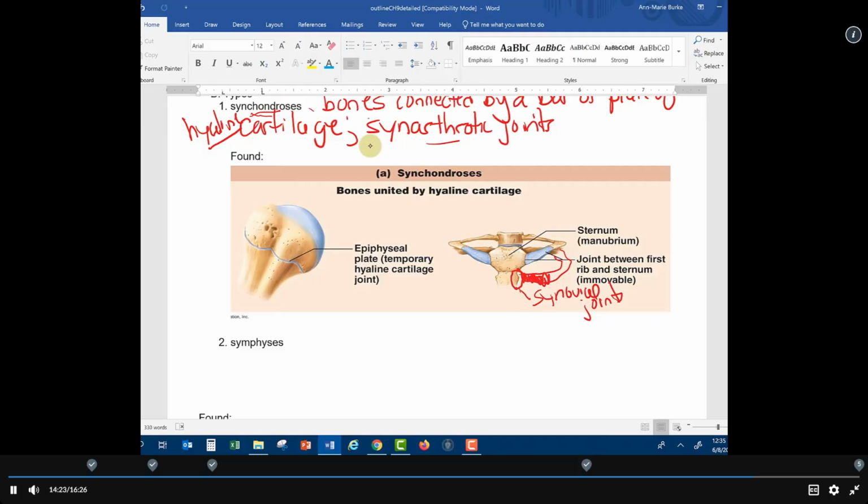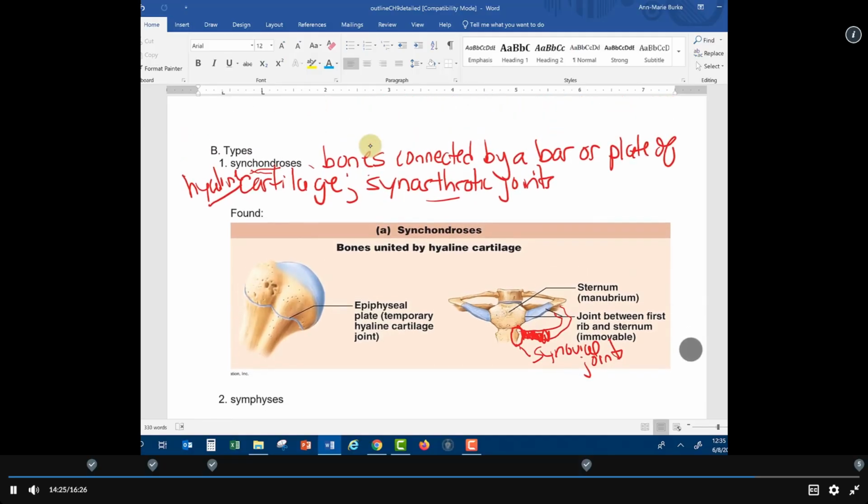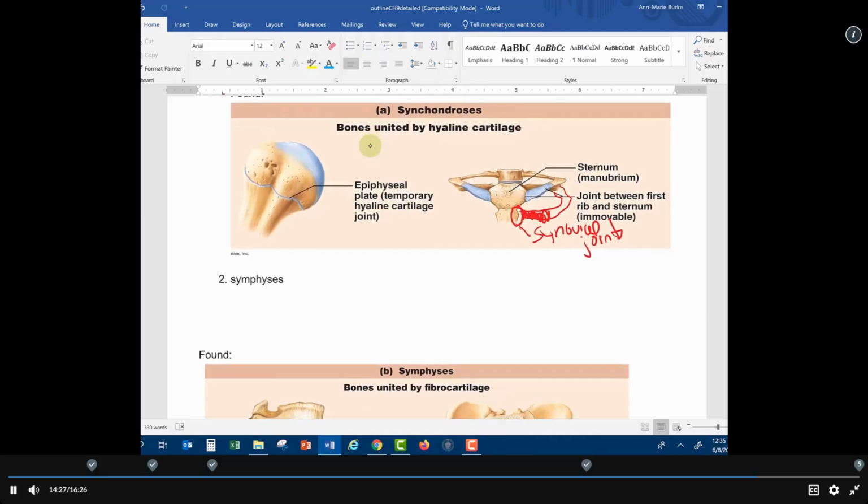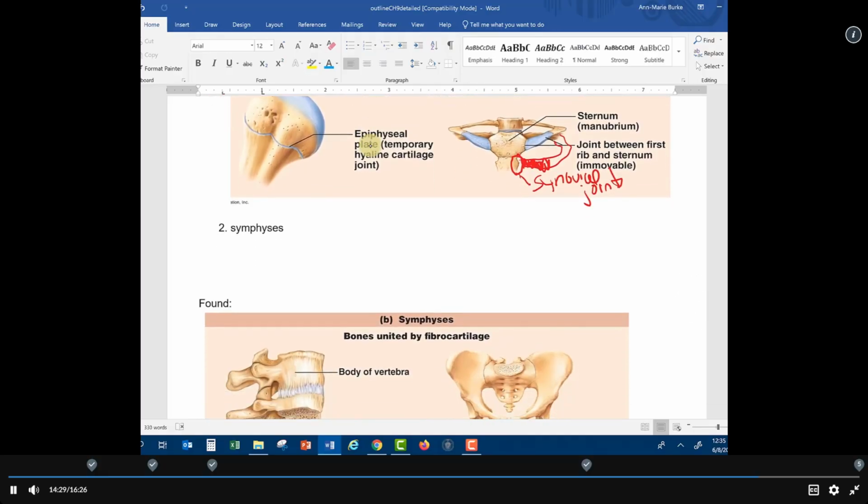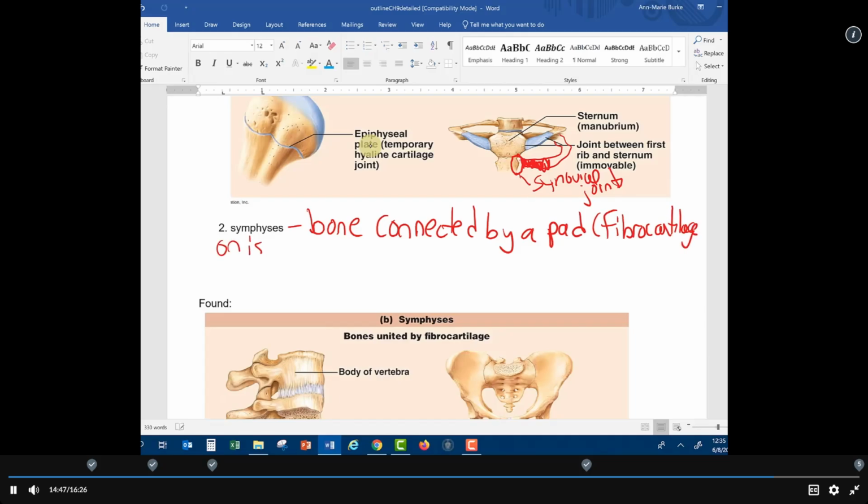Okay, so the other type of cartilaginous joint is called a symphysis. And a symphysis is when the bones are connected by a pad of cartilage. This pad contains fibrocartilage on the inside and hyaline cartilage on the outside.